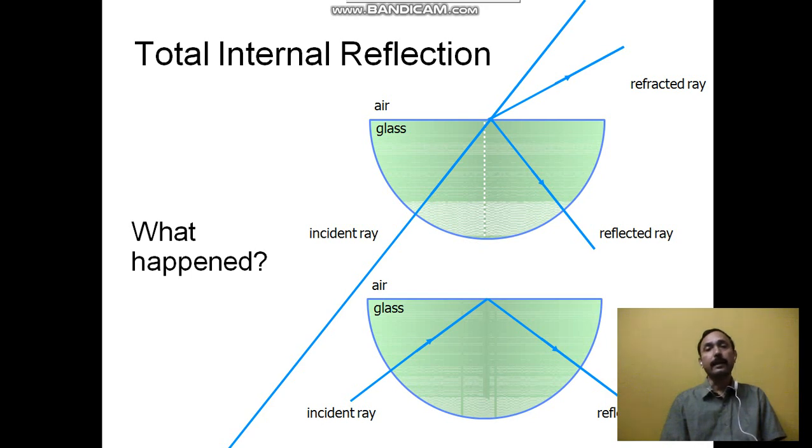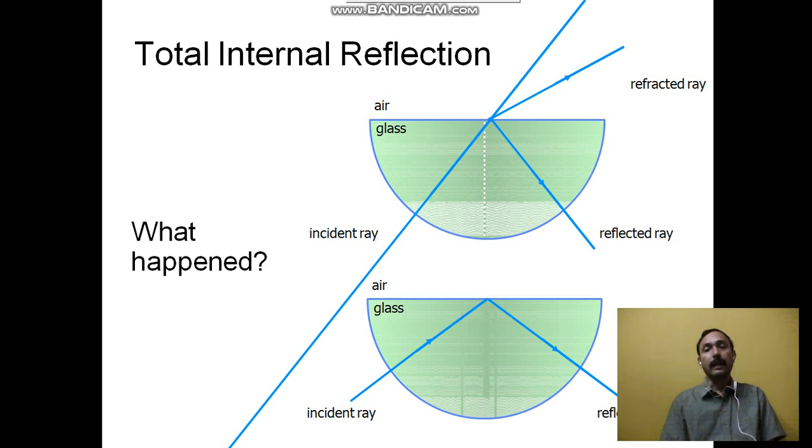For a certain angle of incidence, the refracted ray becomes 90 degrees with the normal. This particular angle is known as the critical angle.